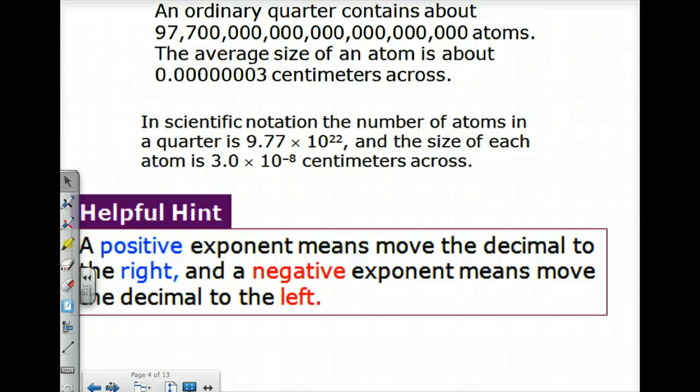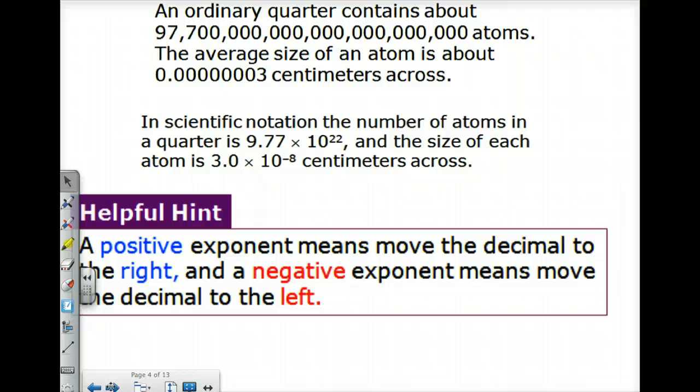So we have two very extreme numbers here. An ordinary quarter contains about, whoa, that number is way too big. I have no clue how to read that. And then if we look at the average size of an atom, at how many centimeters across it is, that's very, very small. I don't really know how to read that either.